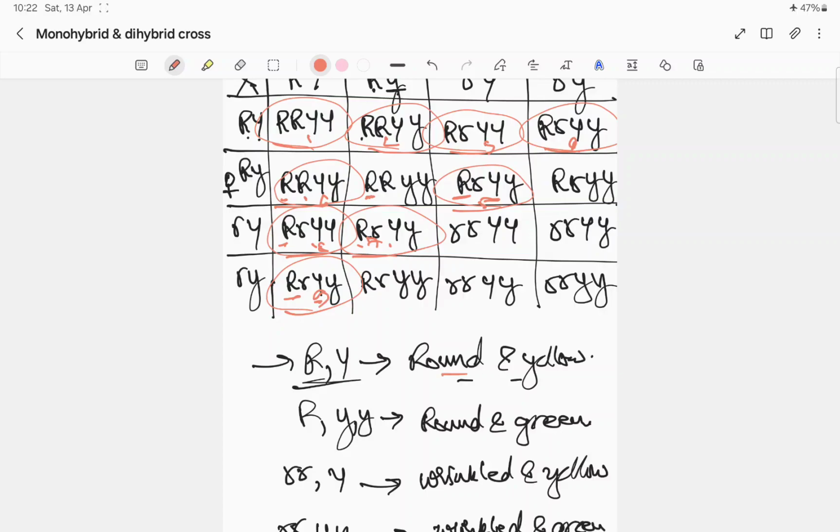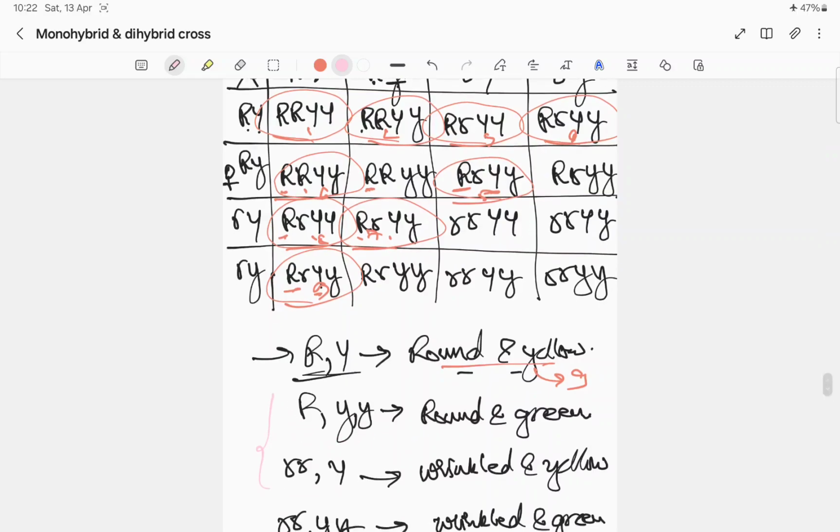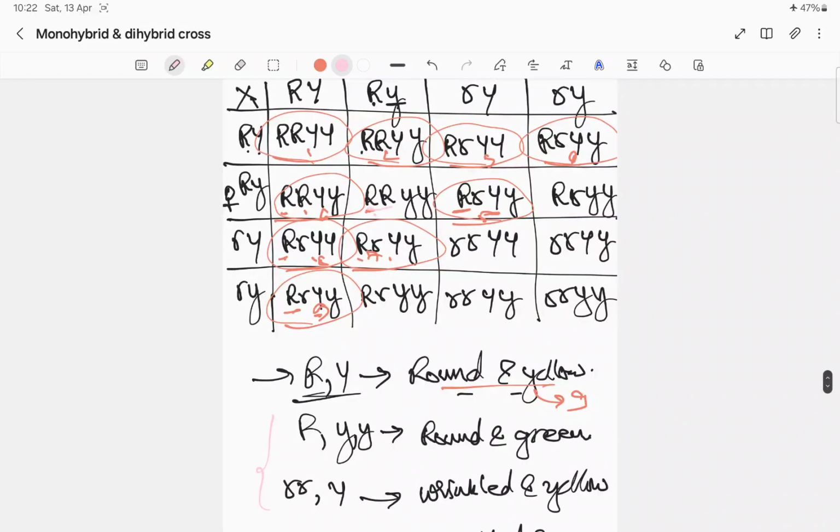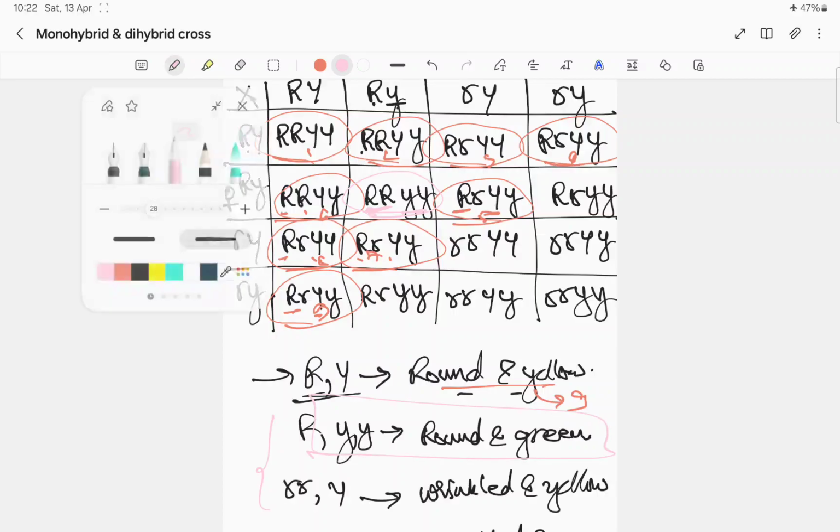So these are 9. Now let's circle these two. Capital R is there, small y is there. Now we are circling round and green with pink.